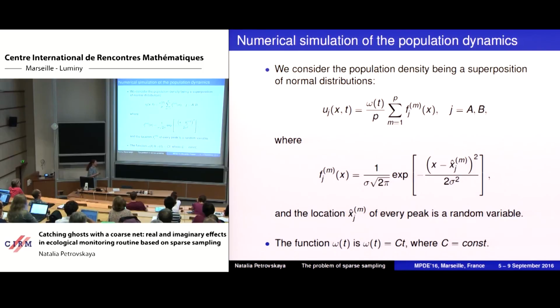In other words, a superposition of several peaks, okay? And the location of each peak is a random variable. So we generate the superposition of several peaks in the first field and in the second field, but they have the same and very simple temporal component, just given by a linear function.